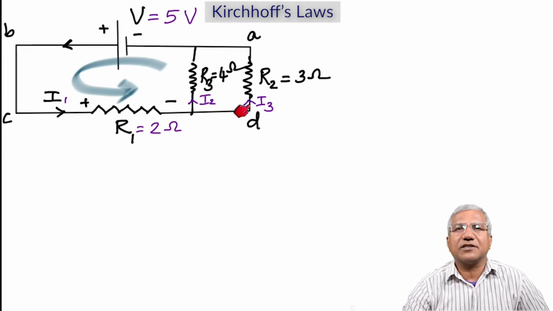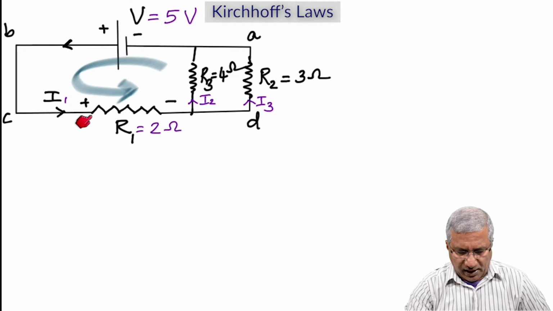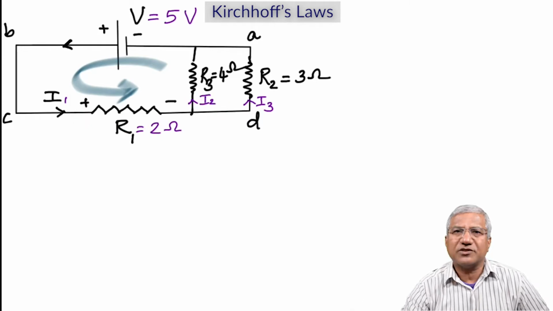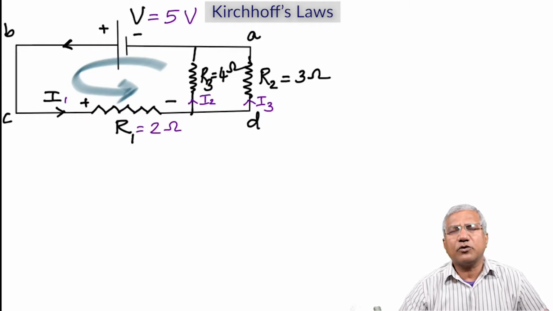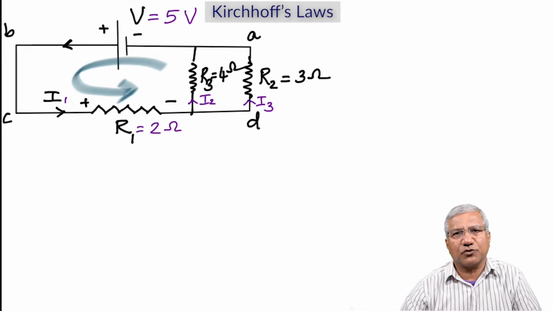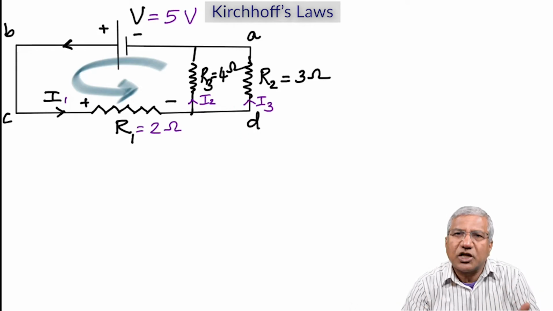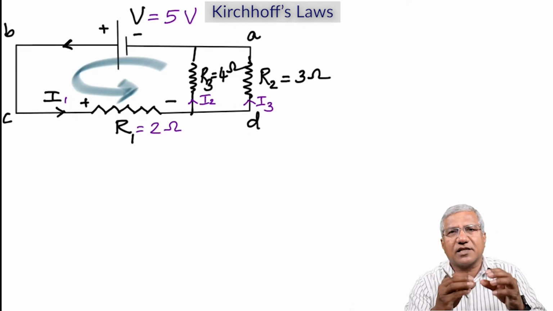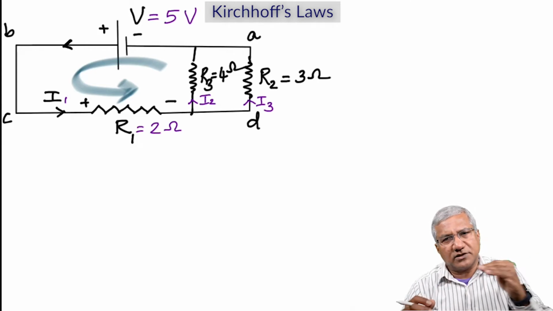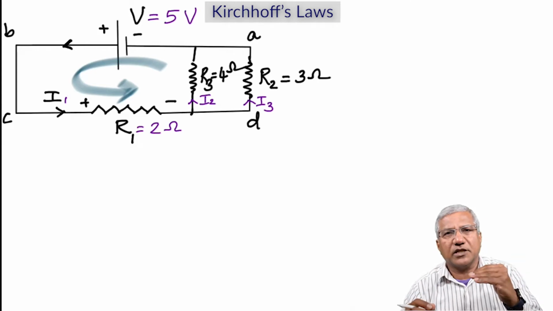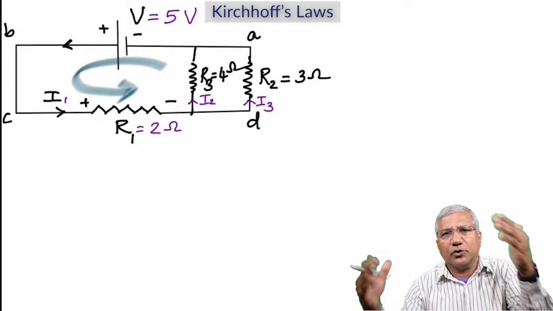And what do you think is the relation between I1, I2, and I3? Of course, I1 is equal to I2 plus I3, because it's I1 that split into I2 and I3. Now, that is the junction rule. At any electrical junction, the total current coming in is equal to the total current going out.